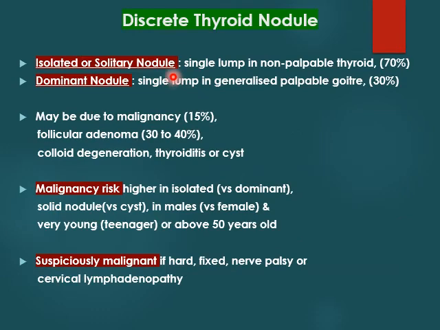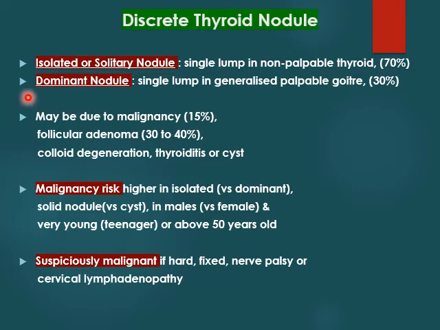Now we come to discrete thyroid swellings, commonly known as thyroid nodules. There are 2 types: isolated or solitary thyroid nodule, which comprises 70% of cases, where there is a single lump and a non-palpable rest of the thyroid.